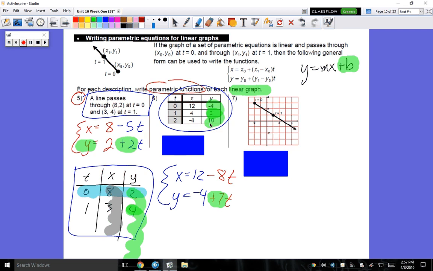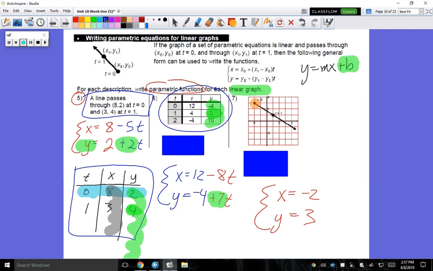Because we got to be able to identify all 3 different ways, okay? Where do we start x-wise with the graph? At the top left, right? And what is the x value there? Negative 2. Okay. Y-wise, where is that at? 3. Now, look at x. How are you changing?